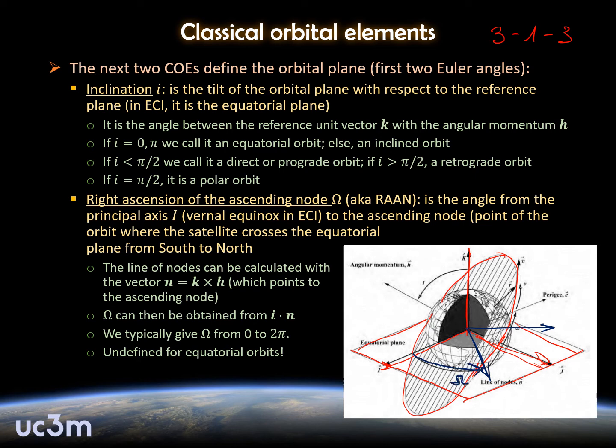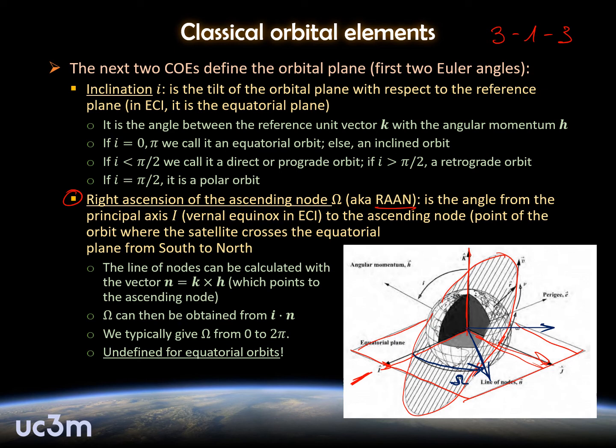Now, this capital omega is named the right ascension of the ascending node, or to make it shorter, RAN. This is the angle from this reference direction, which has to be stated in our definition of the reference frame, to the line of nodes.